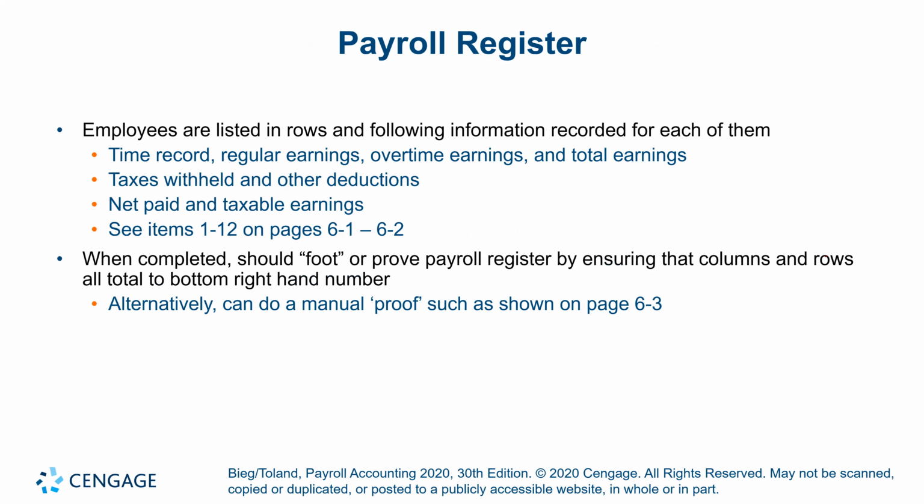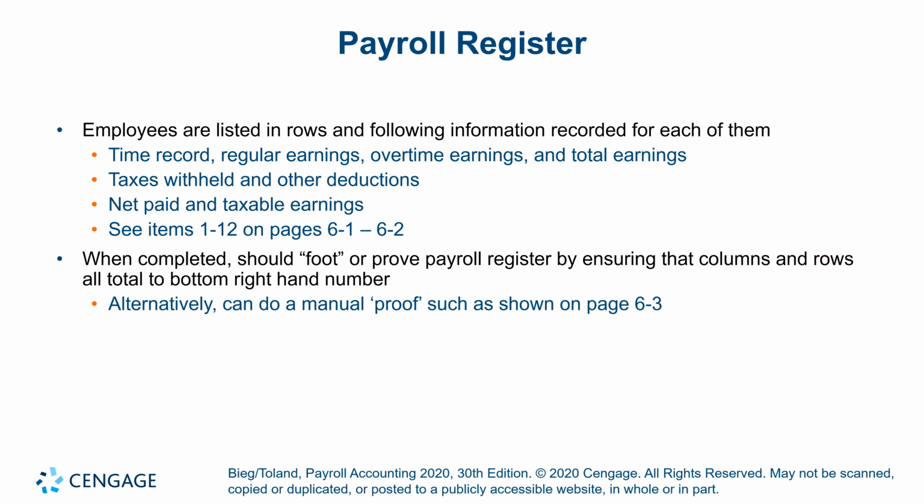Okay, so the payroll register: employees are listed in rows and the following information is recorded for each of them. The hours they work, their time record, the regular earnings, overtime earnings, total earnings, taxes withheld and other deductions, such as health insurance, charitable contributions, retirement calculations, things like that. Net paid and taxable earnings.